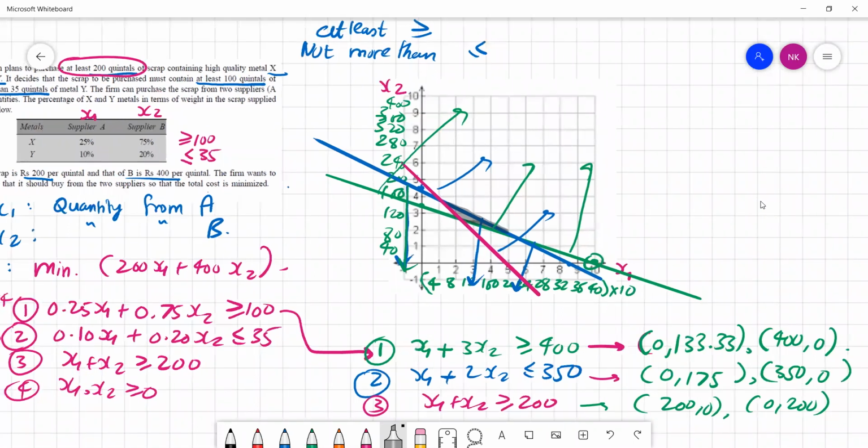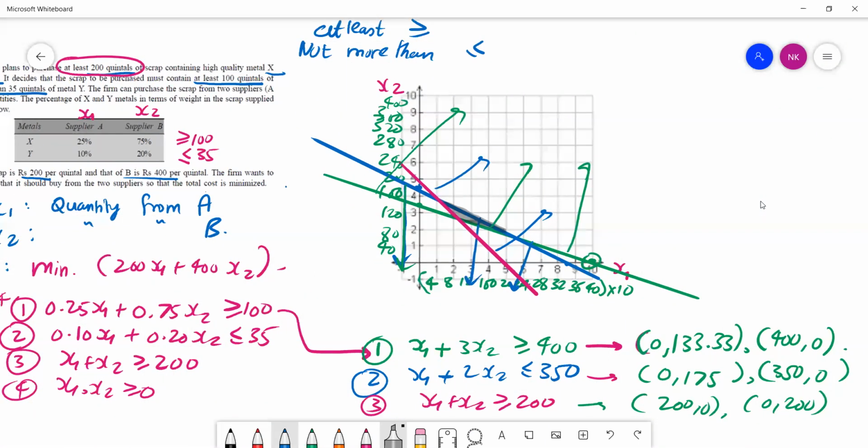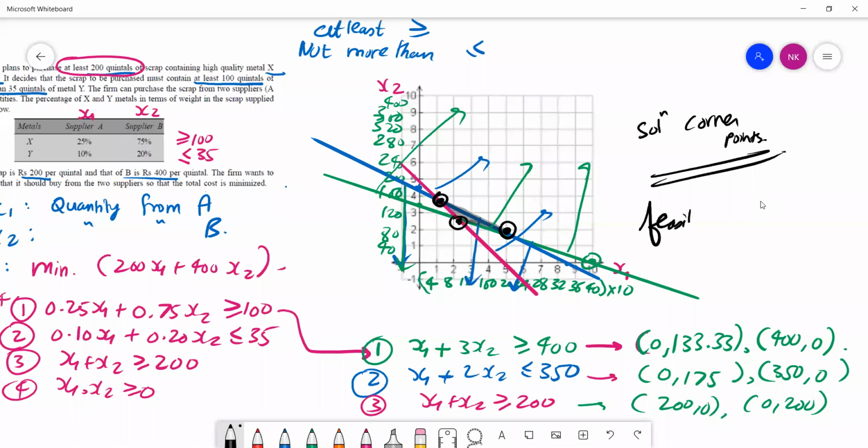So with this, I will be ending this particular graphical method, but I hope you will be finding these 3 intersecting points, and then you will be calculating the solution for the corner points, and then the feasible and optimal solution.